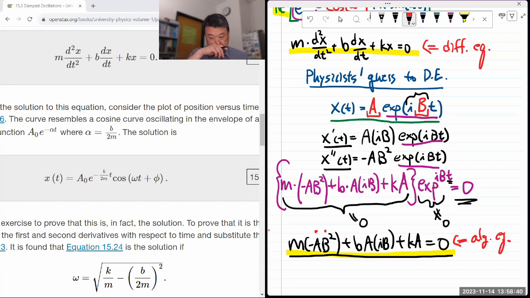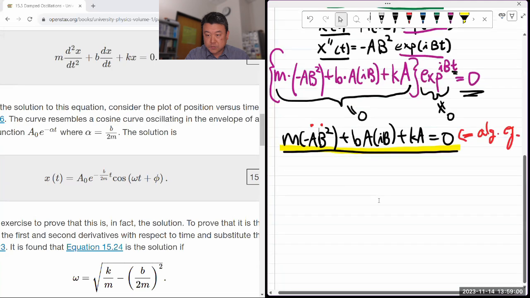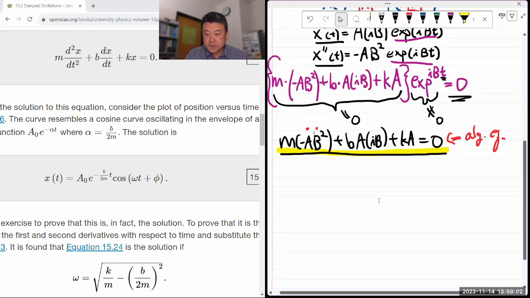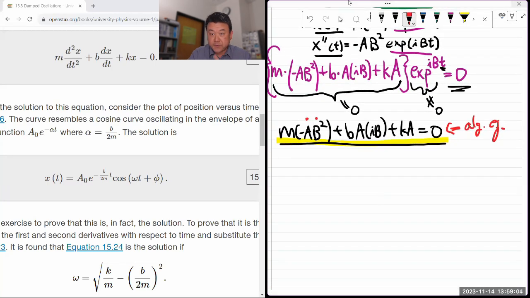Okay, let's try to figure out what A and B are. I don't believe I have enough equations here. Let's see, should I be able to figure out B? Yes, I do have enough equations to figure out B, because here's this wonderful thing that's occurring: every single term here has a factor of A. So I can cancel out A, because A presumably is not zero.